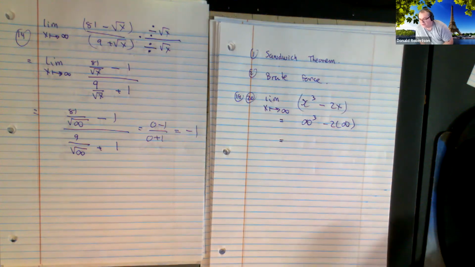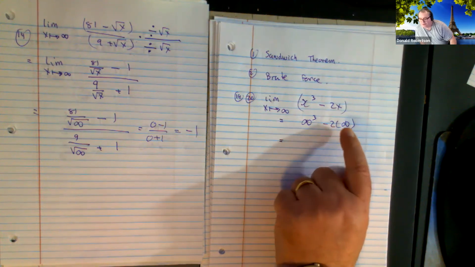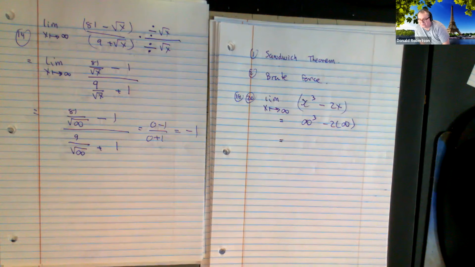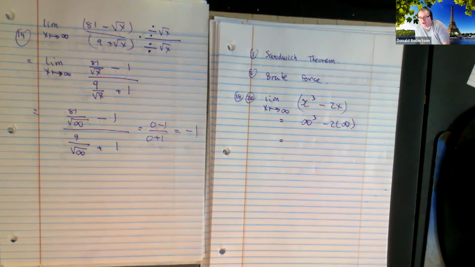Maybe a plus infinity or maybe a negative infinity. Now, which one of these two do you think is bigger than the other? They're both infinite, but which one's the bigger infinite? Infinity cubed. Right. So if infinity cubed is a lot more infinite than 2 infinity, don't you get the answer plus infinity?